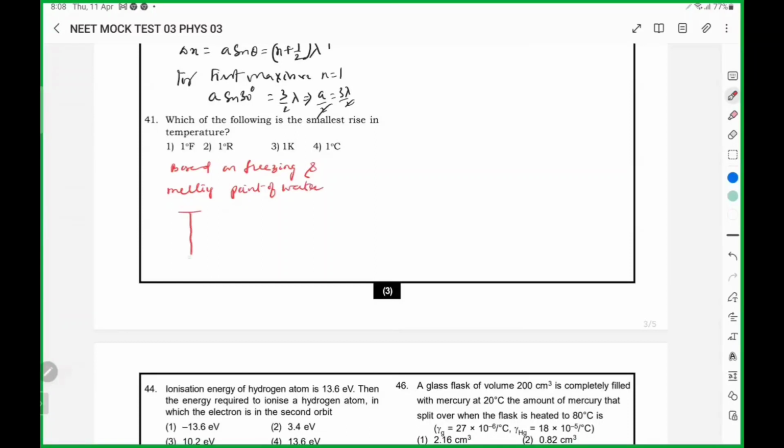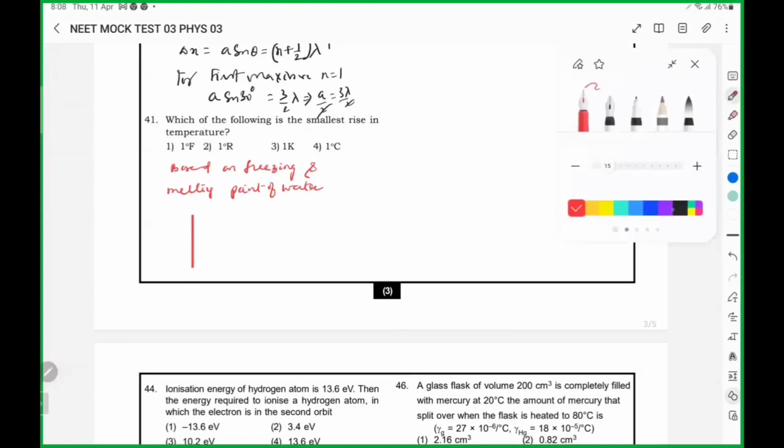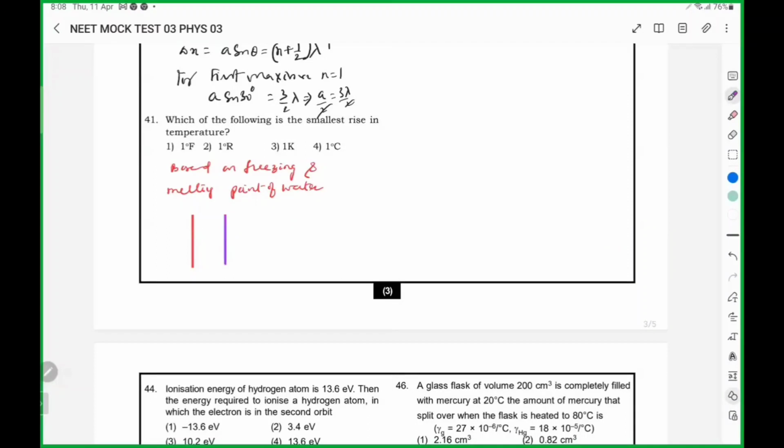First, the Celsius scale. 0 degrees centigrade is the freezing point of water, and the melting point of water is this.